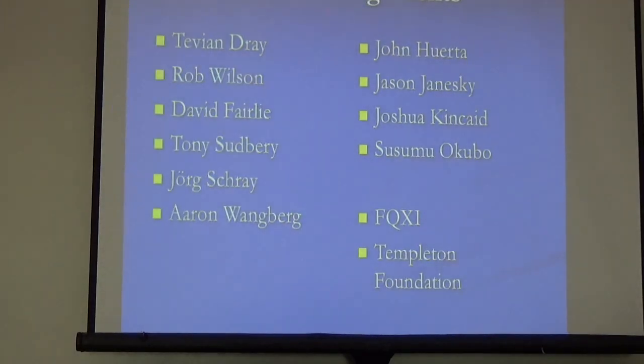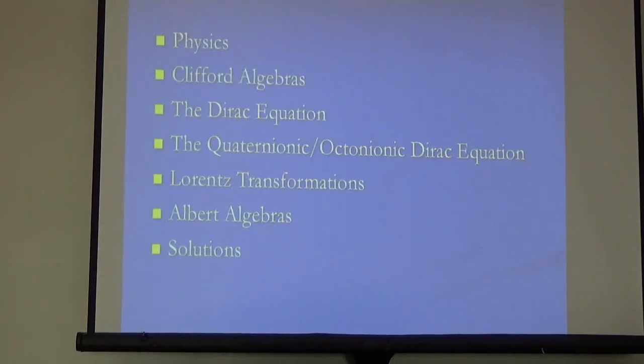but we have also over the years worked with quite a number of different people. In terms of the outline, I'm going to tell you a little bit about physics, a little bit about Clifford algebras, but what I really want to do is describe for you how to solve probably the most important physics equation in terms of elementary particles that there is, which is called the Dirac Equation.